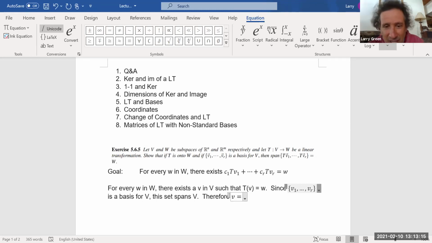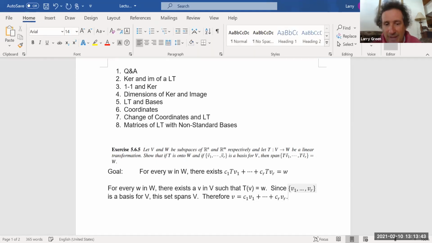V is equal to some constants, and I can write that as C1 times V1 plus dot dot dot plus CR times VR. Any questions on this statement right here that I'm allowed to do because that's what span means? All right, any idea what I can do next?